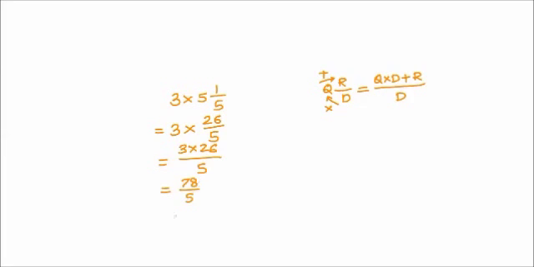So we need to convert it. 78 divided by 5, 5 1s are 5, remain 2. 8 comes down, 28. 5 5s are 25. What we get is 3. So this is our Q, this is our R, and this is our D. So it will be Q R upon D, 15 3 upon 5.